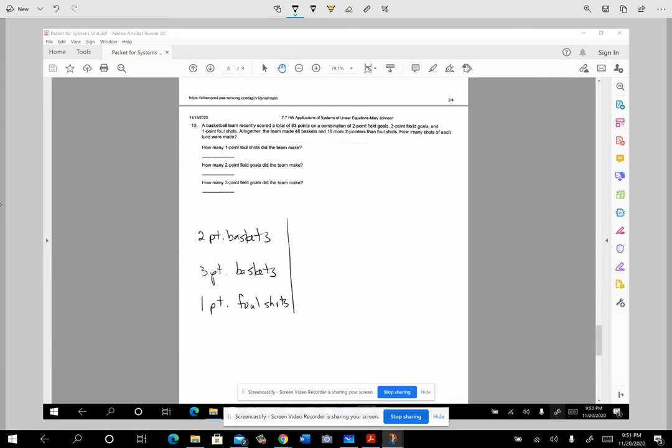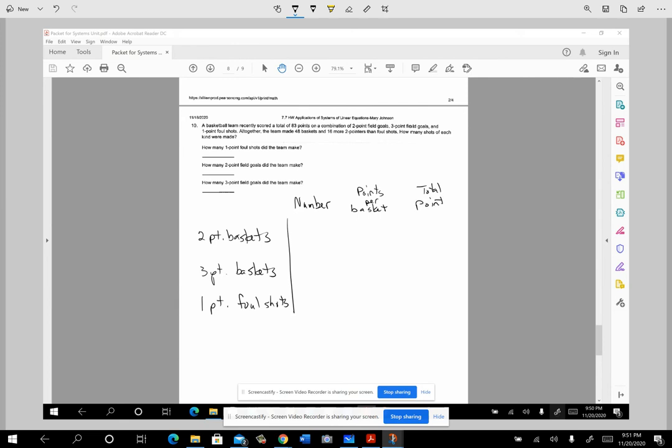All right, so I'm going to make a little chart here. So this will be the number of baskets, this will be the points per each type of basket, and this will be the total points for that type of basket that we earned.